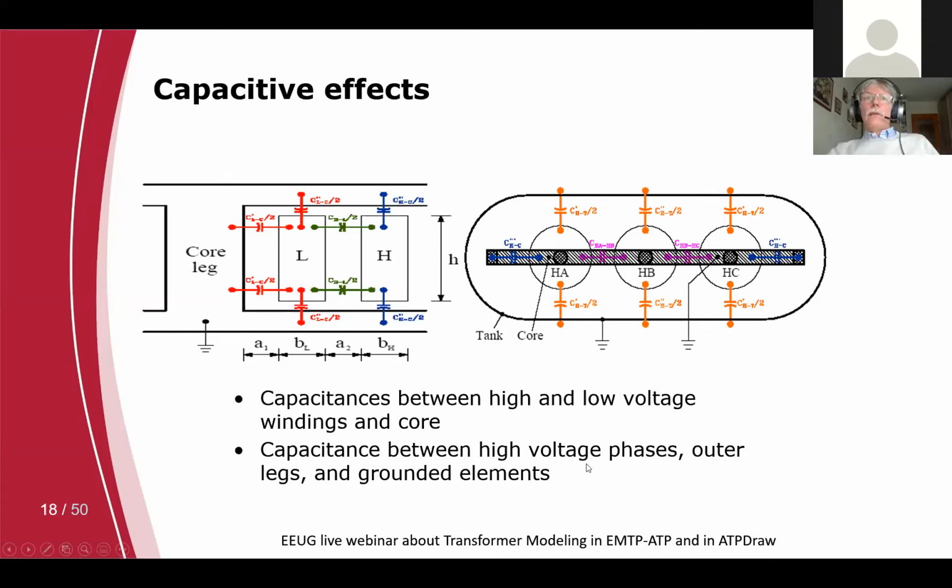So these slides show something about the design information or the design data. If you work with the hybrid model, you need to have these data in hand. What is the difference in between the low and the high voltage winding? What is the difference in between the core and the low voltage winding? What is the difference in between the outer layer of the windings, to the core and to the tank, and so on?